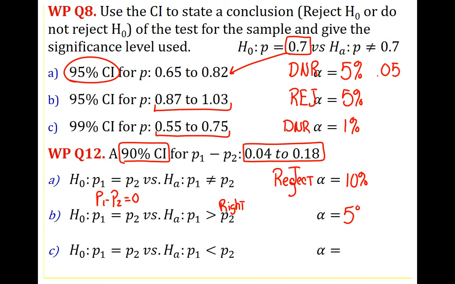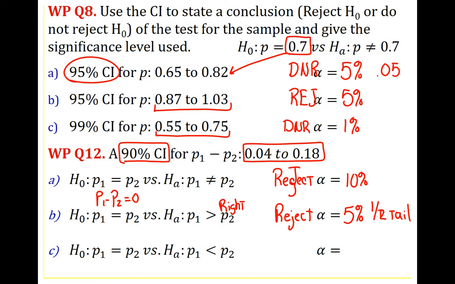Because I only have half of the tail now. Remember, there's 5% on the left and 5% on the right. This was a 90% CI, and a 90% CI left 5% on the left and 5% on the right. Again, I'm going to reject because my value is outside of that range.